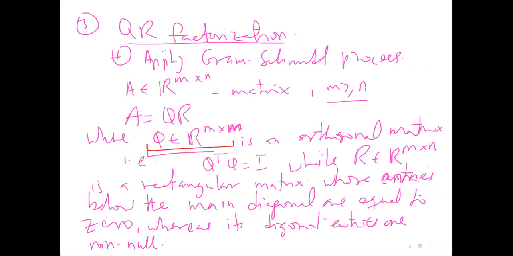Q is a square matrix, and R is a rectangular matrix.